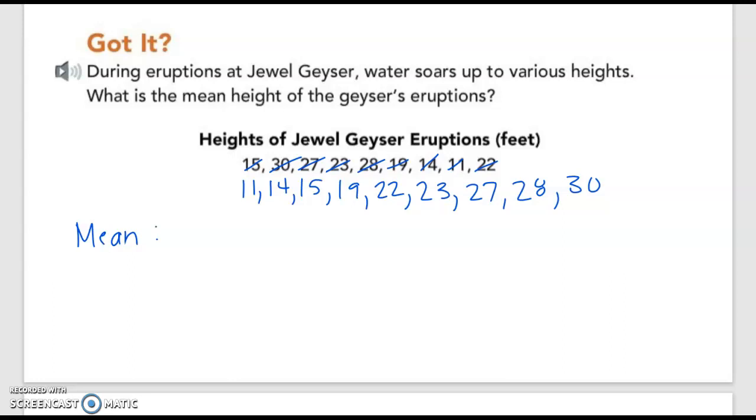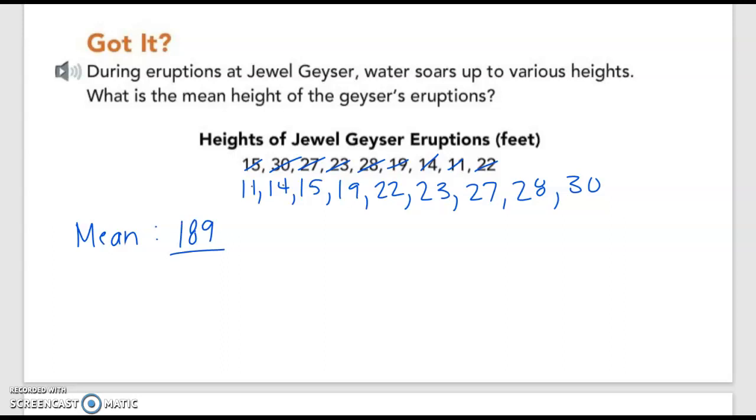So we're going to add 11 plus 14 plus 15 plus 19 plus 22 plus 23 plus 27 plus 28 plus 30. That is the sum of 189 divided by the number of terms in our set.